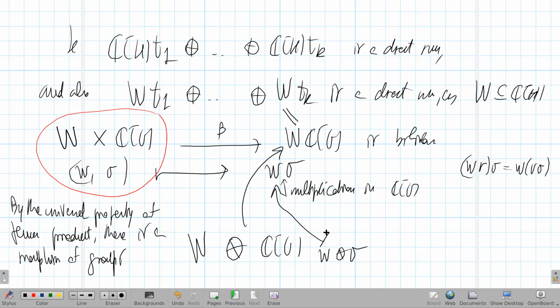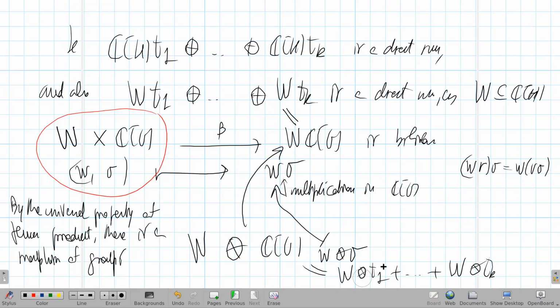And my claim is that, so remember that this object, we saw it's the direct sum of, no, sorry, it's a sum. My claim is that this map is injective, okay?